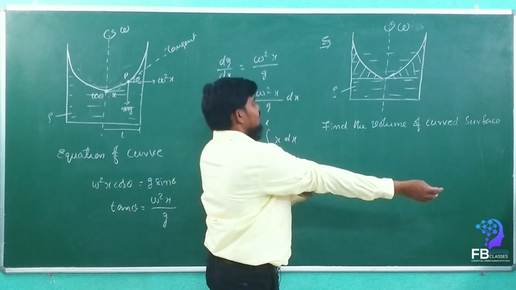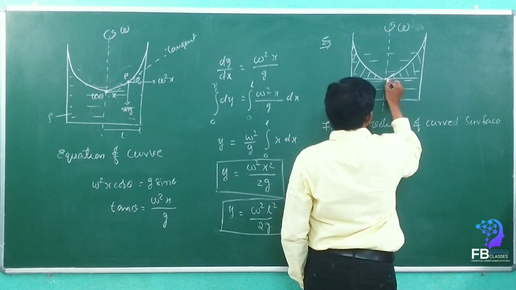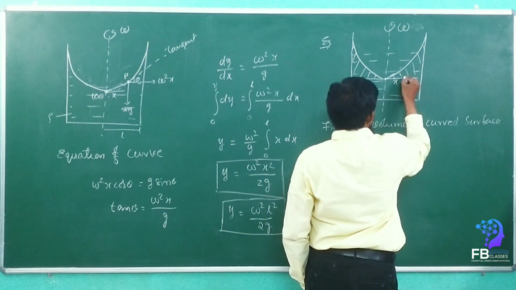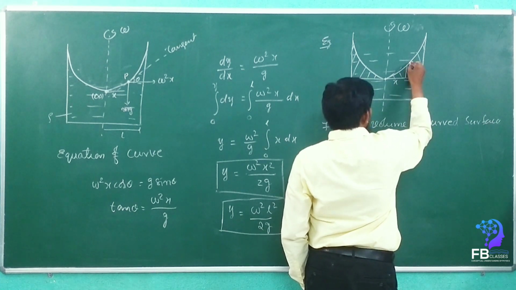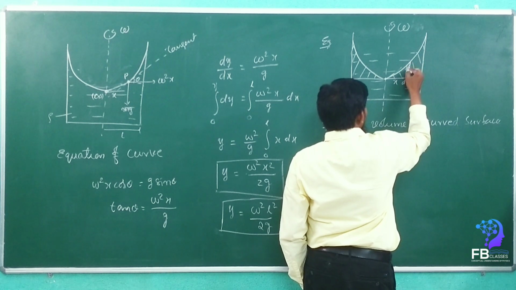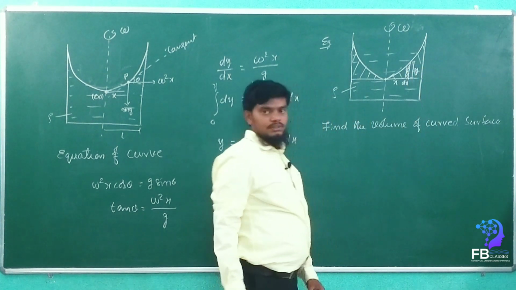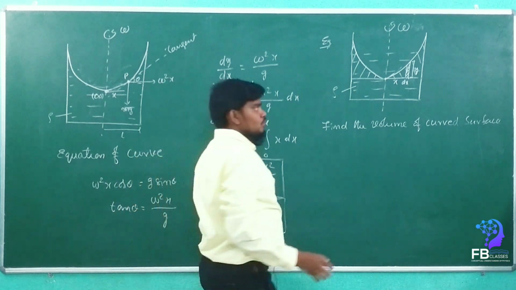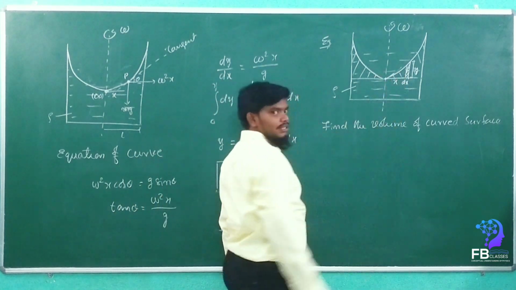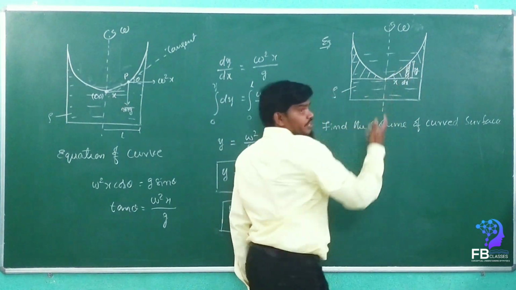So here what we have to do, let's go from here to take an x distance and take a dx element, whose height, let it be considered, is y. Understand? So what is the total area of this element? See, it is in 3D, you have to imagine.